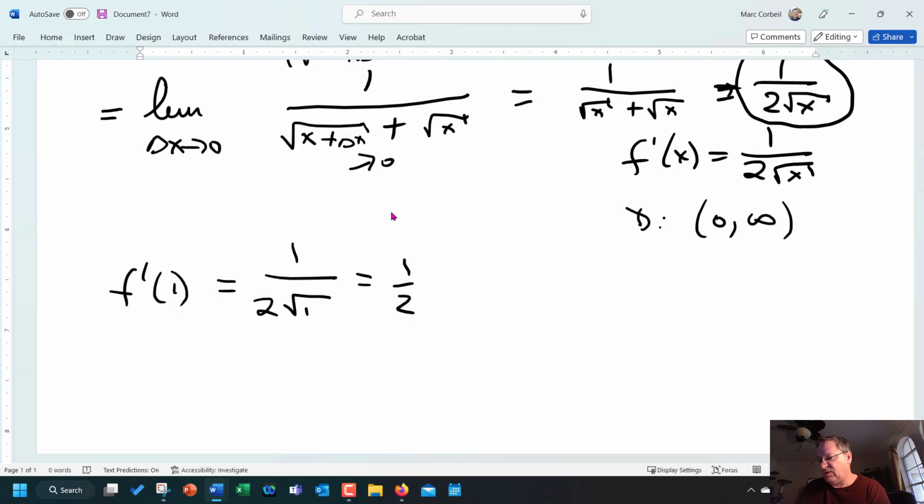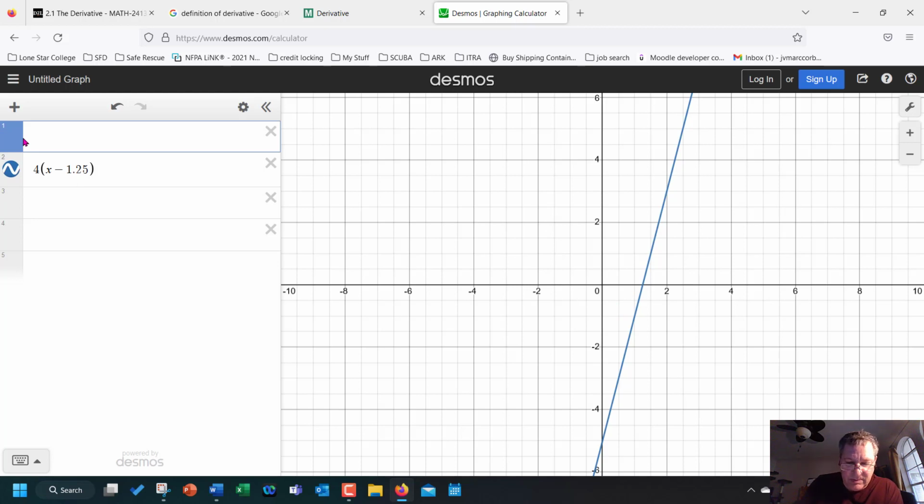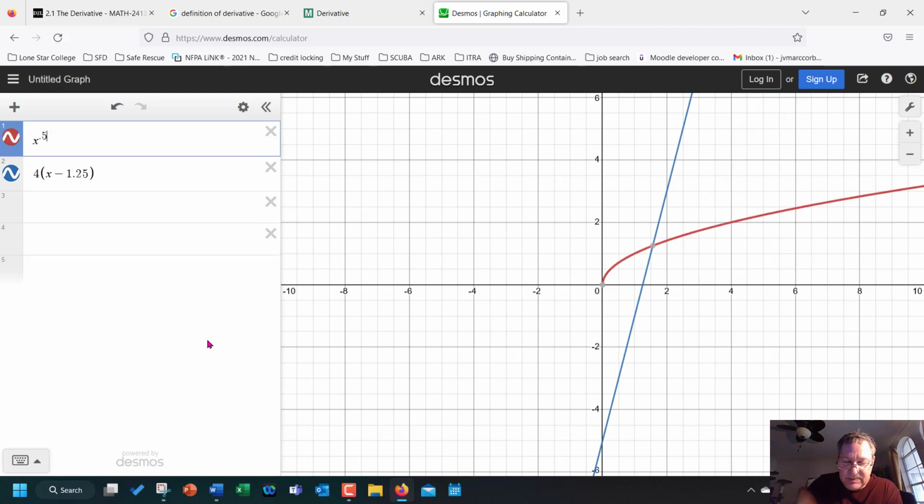So once again, I can go back to my Desmos and play with this. I can go here and do the square root. I'm going to do x to the 0.5 here. That'll be the easiest way to do the square root. Whoops, I get that. Yes, 0.5. That's the square root part there.